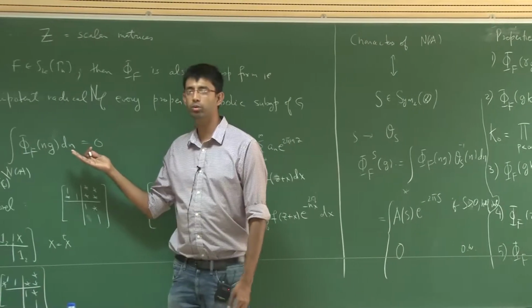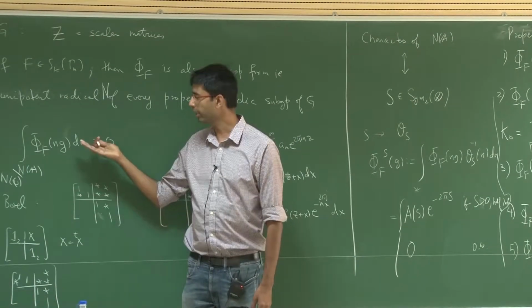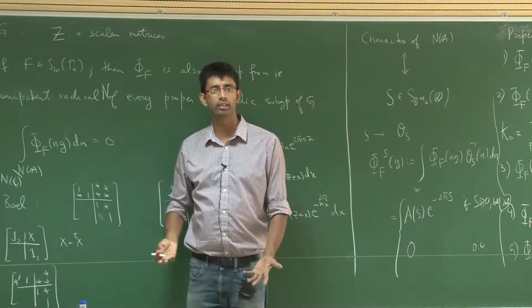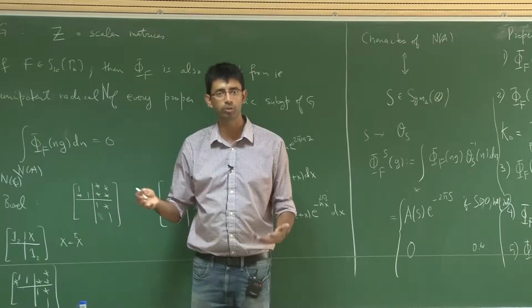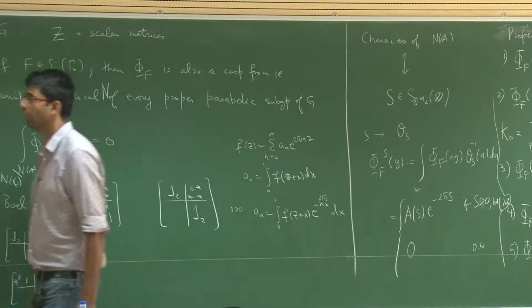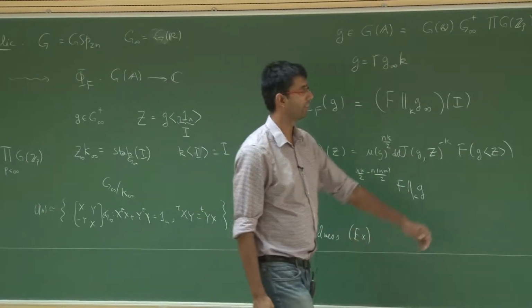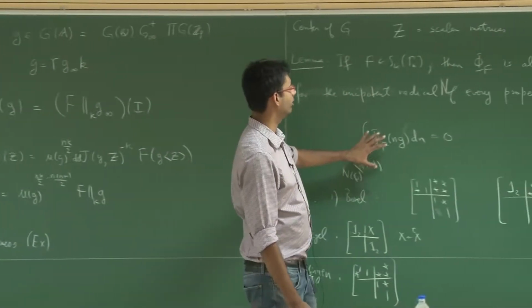And the way you get this in this situation is by relating it to Fourier coefficients of your F, and the reason that this works out is because your Fourier coefficients are only supported on positive definite matrices. So there's no point in me writing down an alternative thing.